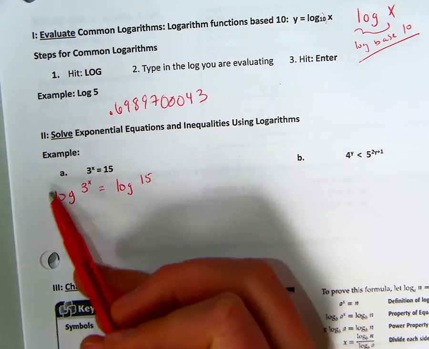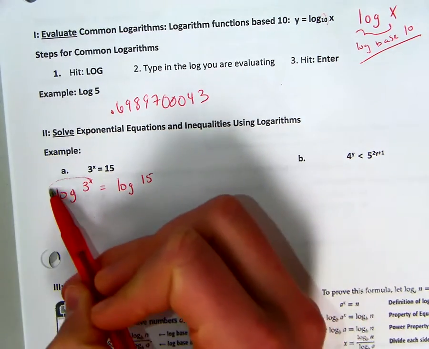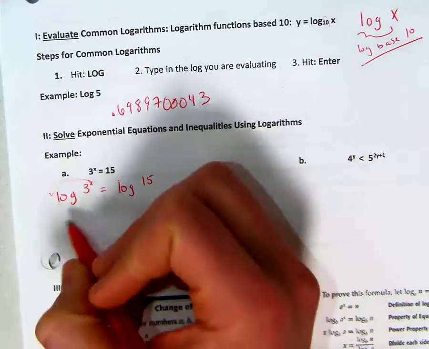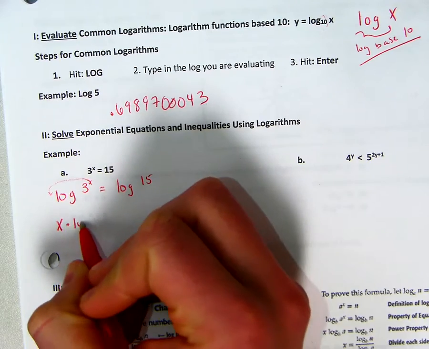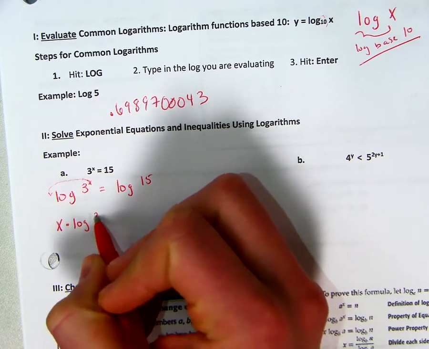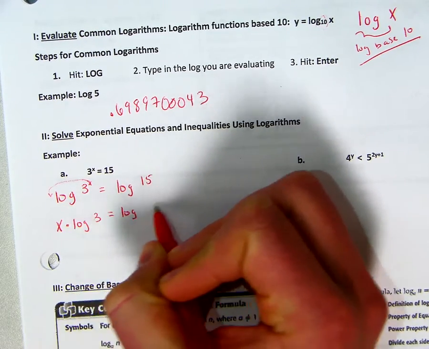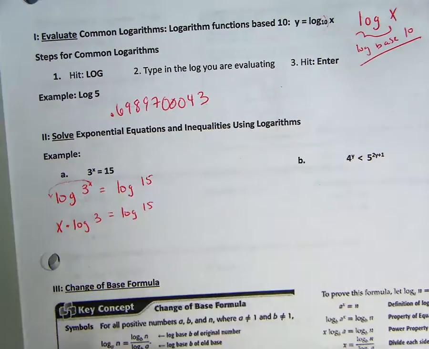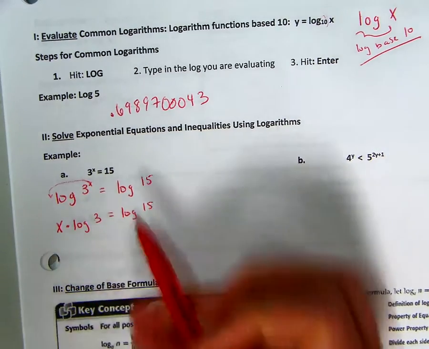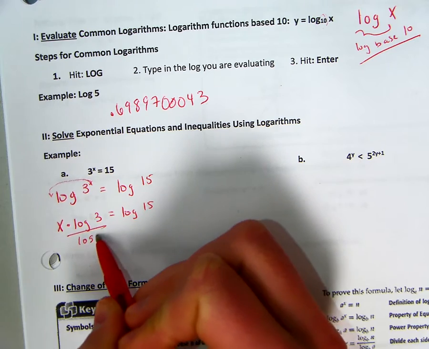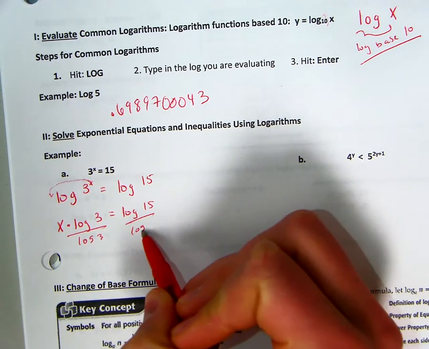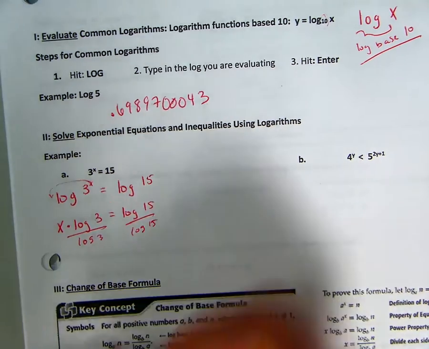Using the power property that we talked about yesterday, I can move this x in front. So then it becomes x times log base 10 of 3 equals log base 10 of 15. Now I want to get x by itself, and since it's multiplication, I can divide by log 3 on both sides.